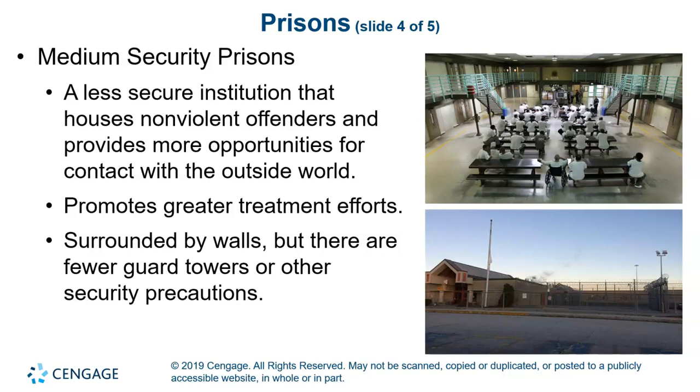Although medium security prisons are similar in appearance to maximum security prisons, the security is not so tight or the atmosphere so tense. Medium security prisons are also surrounded by walls, but there may be fewer guard towers or other security precautions. Visitation with personal contact may be allowed. Although most prisoners are housed in cells, individual honor rooms in medium security prisons are used to reward those who make exemplary rehabilitative efforts.